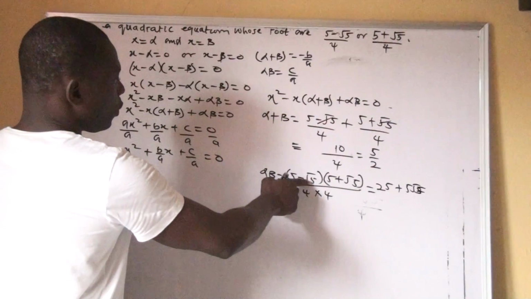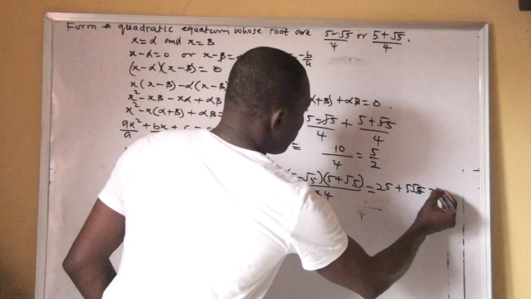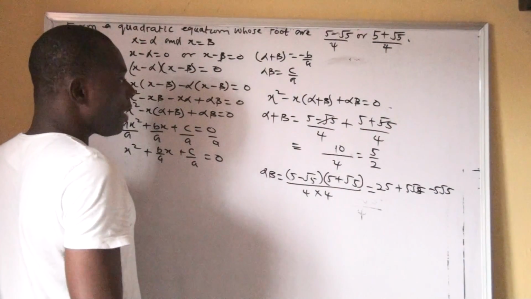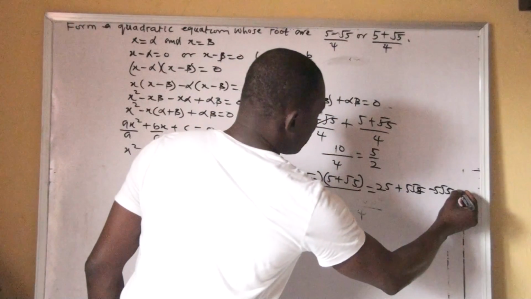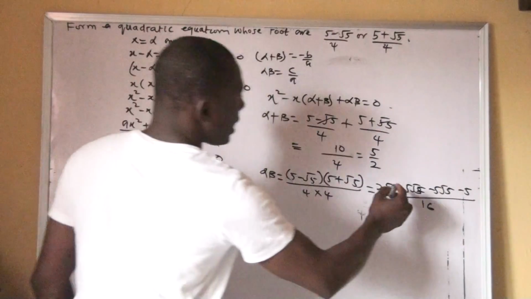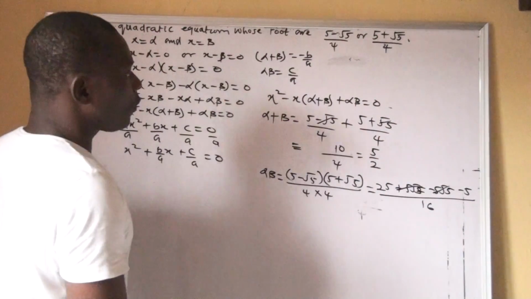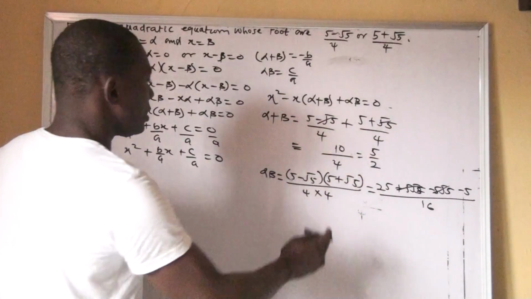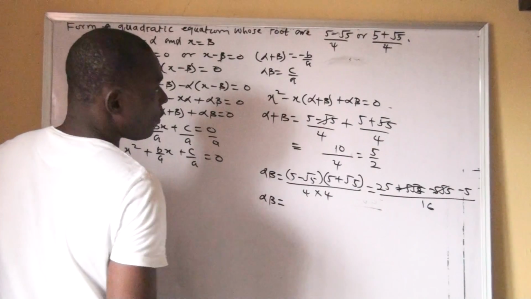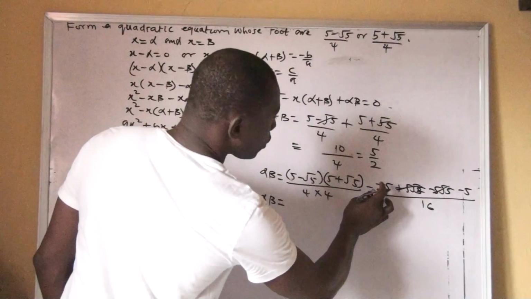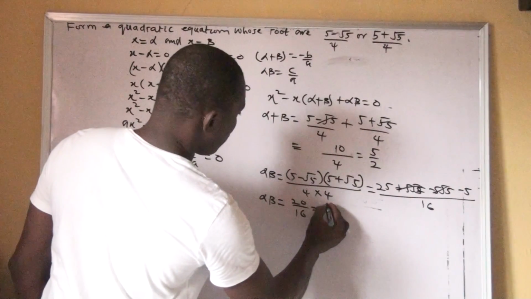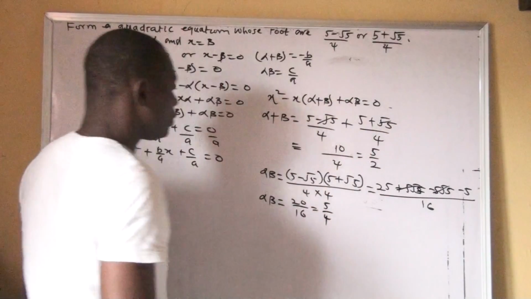Then minus root 5 times 5 will give us minus 5 root 5. Then minus root 5 times plus root 5 will just give us minus 5. And here over 16. So the 5 root 5 and minus 5 root 5 cancel off, and the product of the roots becomes 25 minus 5, which gives us 20 over 16, and this will give us 5 over 4. The common factor there is 4.